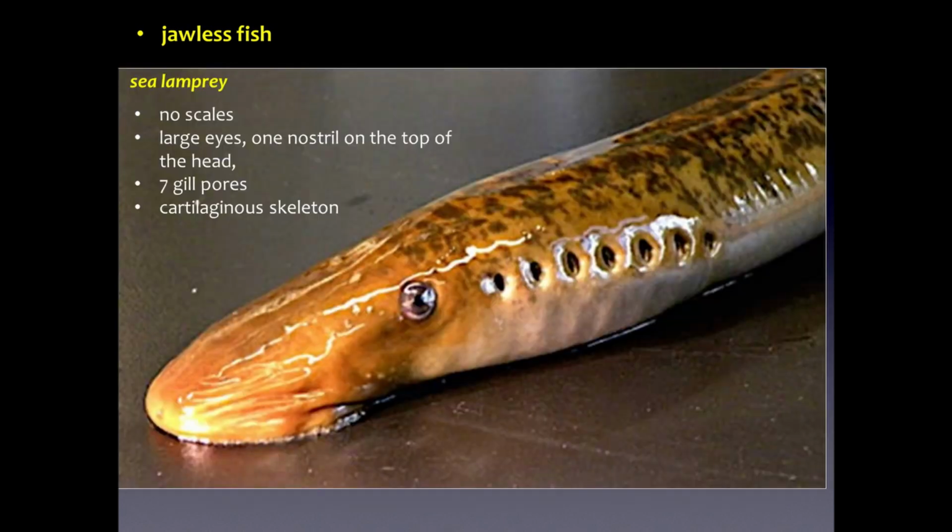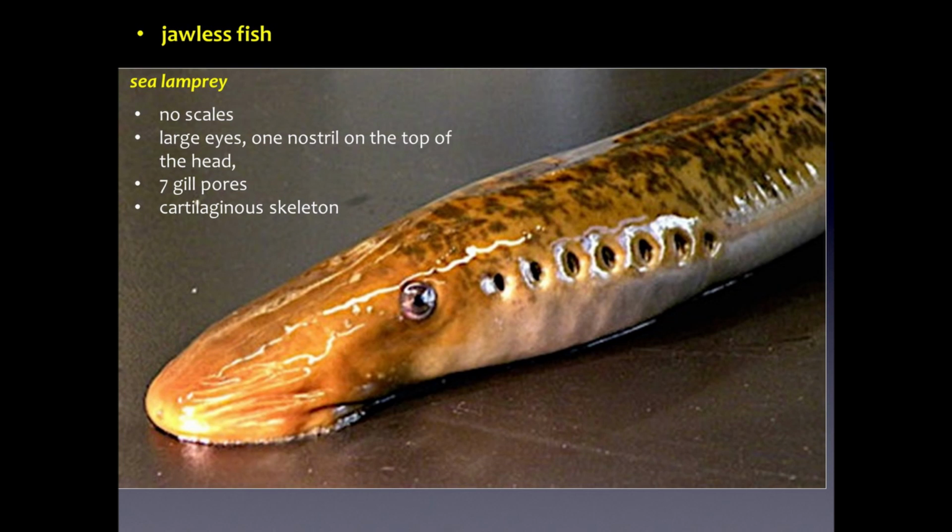I think I mentioned before that the fish in the previous image was the lamprey. That was actually a hagfish. Here we have an example of a sea lamprey. No scales, another distinction from how we typically think of fish. Large eyes, one nostril on top of the head, and instead of gill slits, it has 7 gill pores.